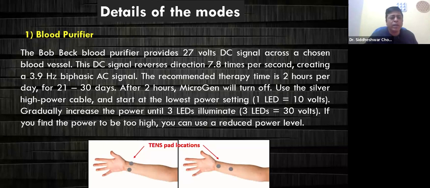So, I strongly suggest you to start from the minimum intensity and then go up slowly, right? So gradually increase the power until 3 LEDs illuminate. So that means talking about 30 volts. So that is the maximum you should be going. If you find the power to be too high, then you can use reduced power level. Okay.